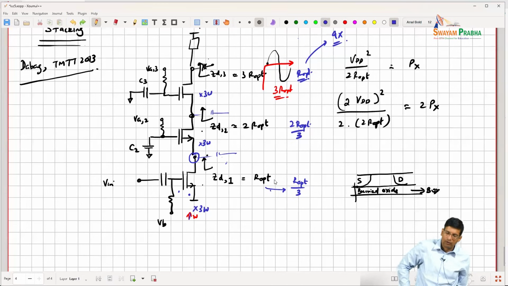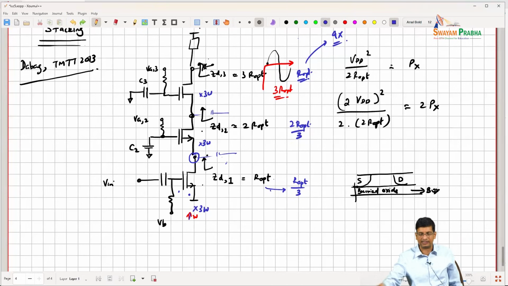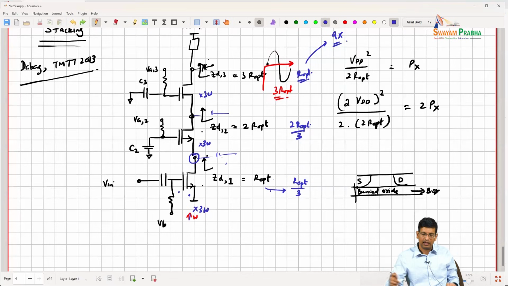Now in terms of how to bias these devices, well, if I am at VDD, right, and this node is at VDD, ideally I would like to drop 1/3 of VDD on all of these devices, right? So this VDS should basically swing 1/3 of VDD, similarly the next VDS and the next VDS, and so forth, right?